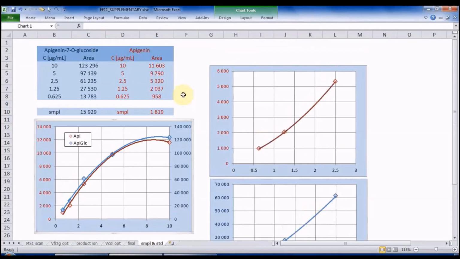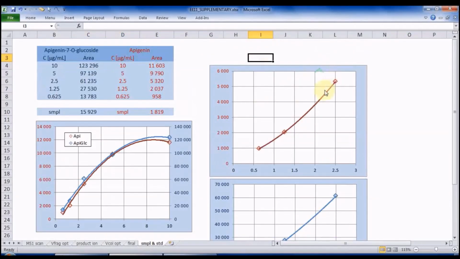As we can see, with the range of concentrations we used, we actually exceeded the linearity range of the method, which is quite common for MS, but fortunately signals for our samples are well within the linearity range, so we can actually just discard the high concentrations.